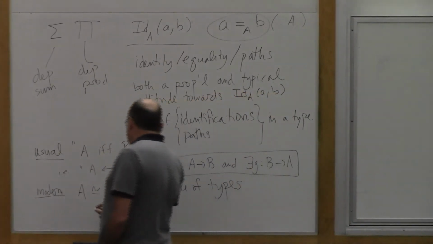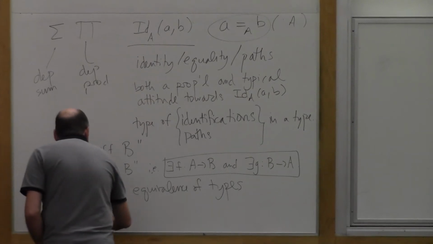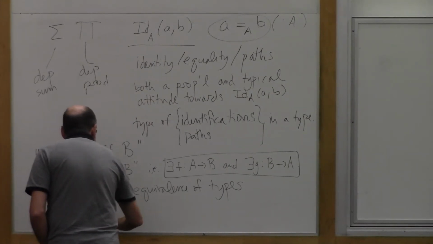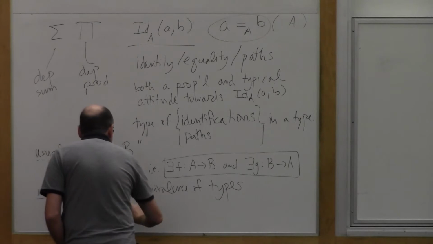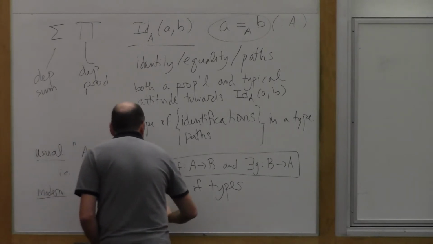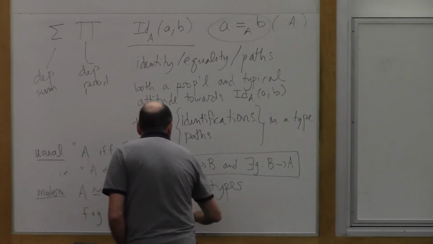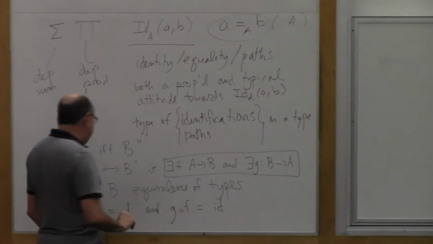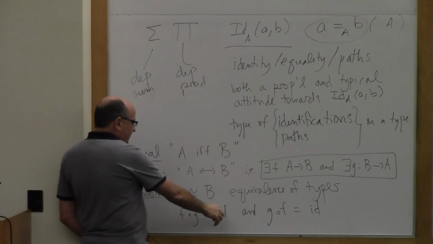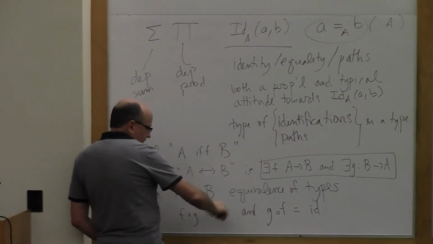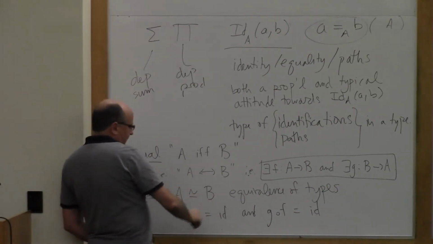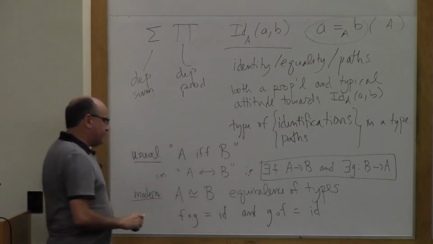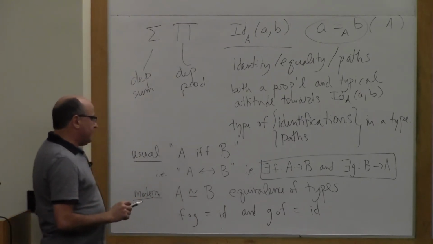But moreover, we will have reason to believe that these are inverses to one another in the following sense. We will write F composed with G is the identity and G composed with F is the identity, where the equality is an equality between, well, you have to work out what the type should be for these equalities to make sense. This will be the idea.